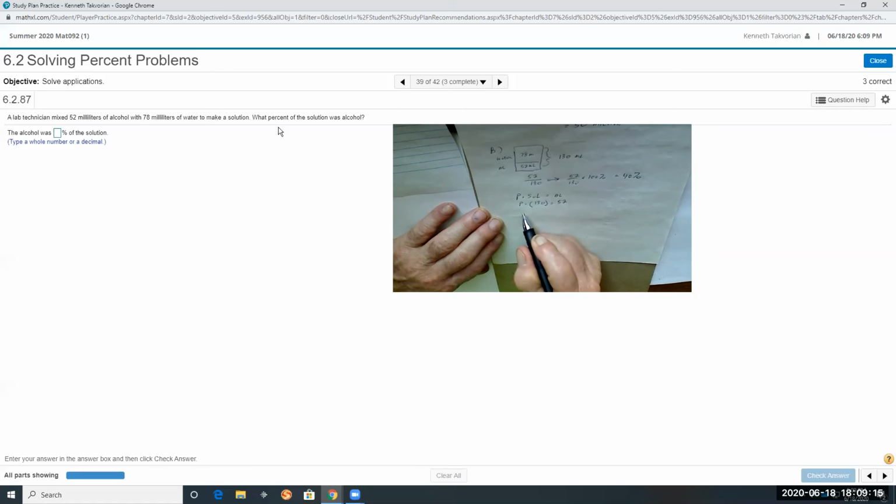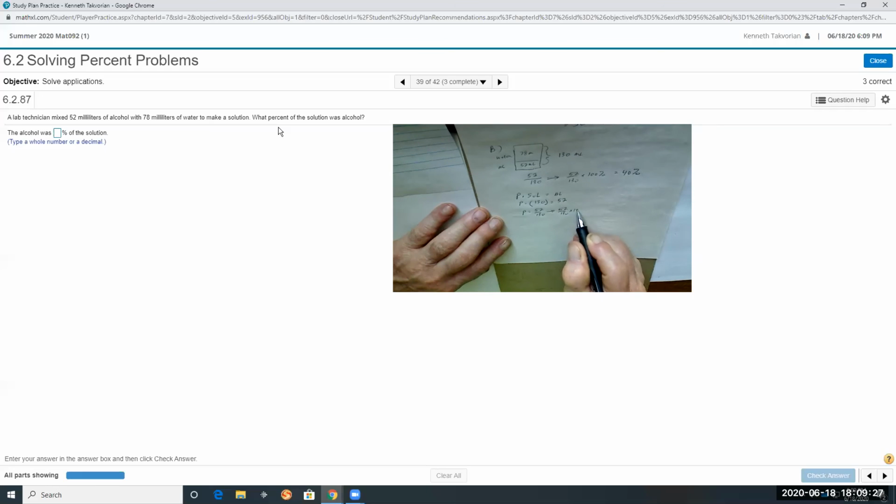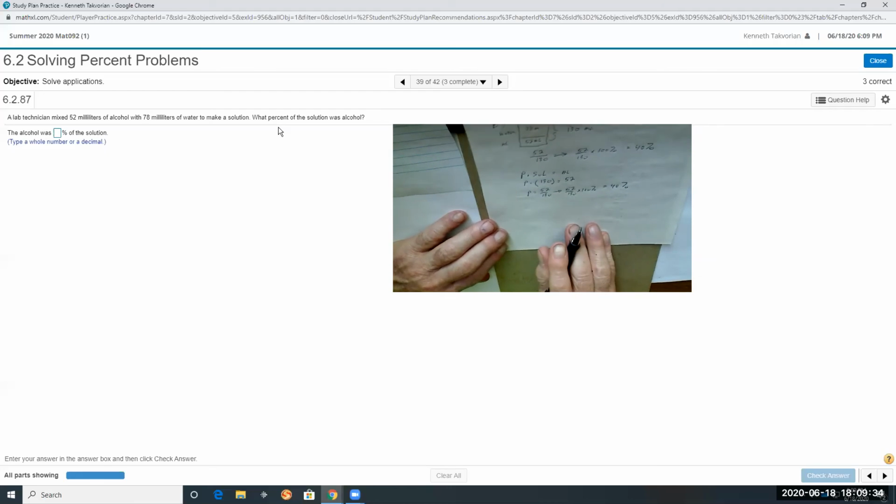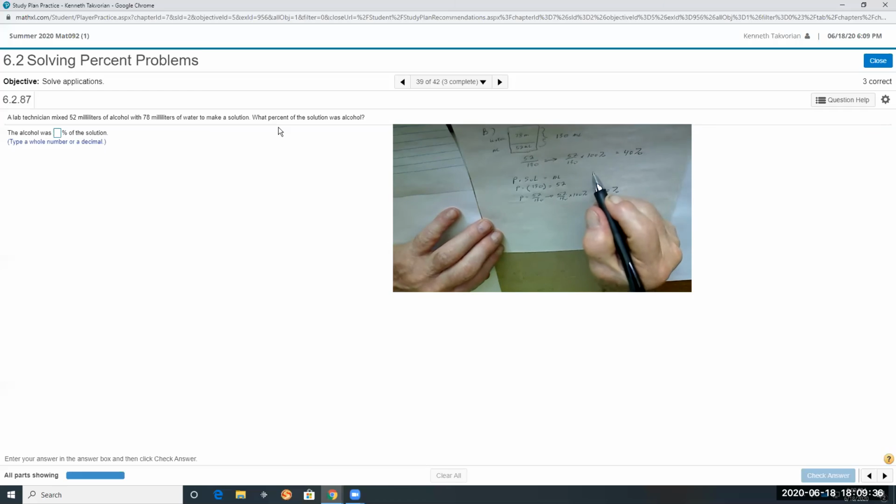Solving for P, I divide 52 by 130 as I did above, converting that to a percent. I'm going to have 52 over 130 times 100%, which still is 40%. So this is the percent equation approach, or method.